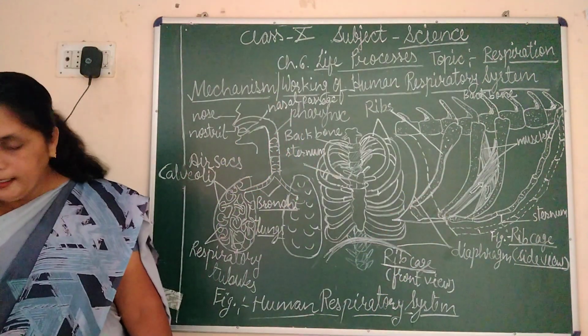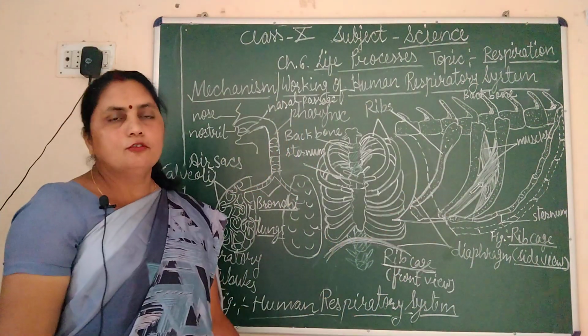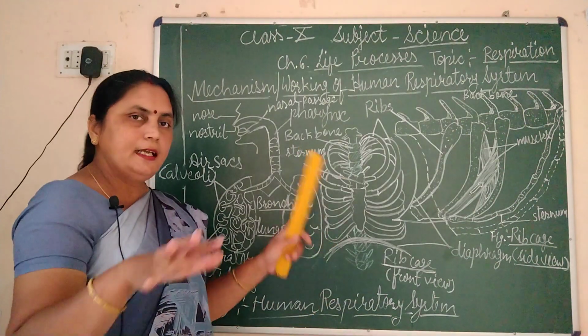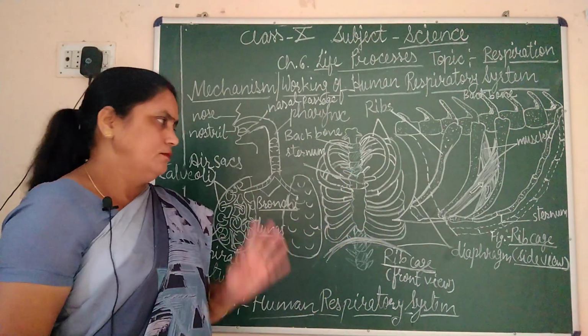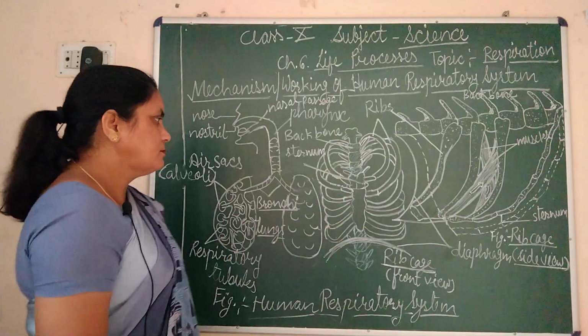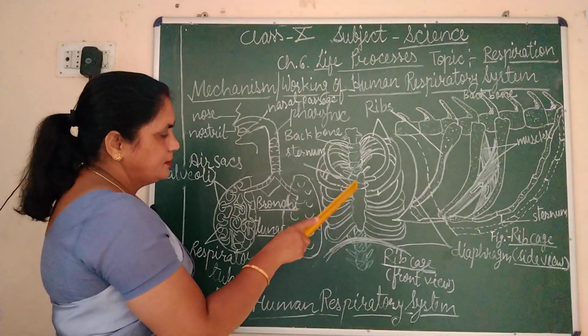Okay, so at rest diaphragm is dome shaped and the ribs rest on the diaphragm. Also children, ribs rest on the diaphragm.